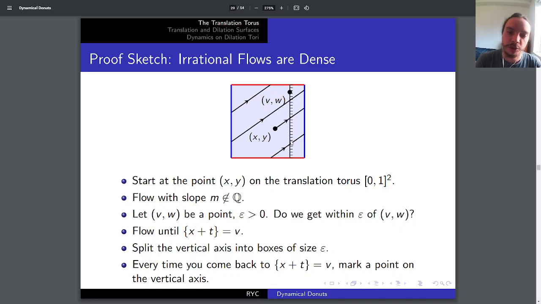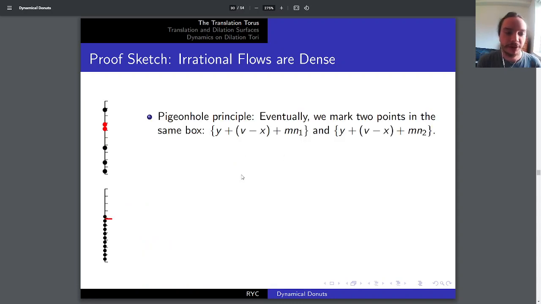So that's what we're going to do. We're going to think about this kind of meter stick, and we're going to keep flowing, and keep hitting this line over and over again. And every time we hit the line, we're going to mark a point in the relative box, right?